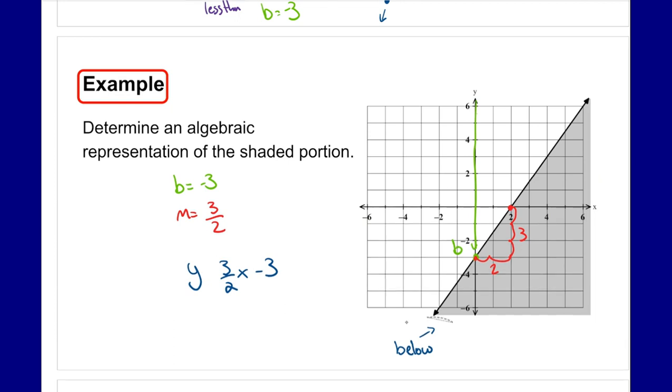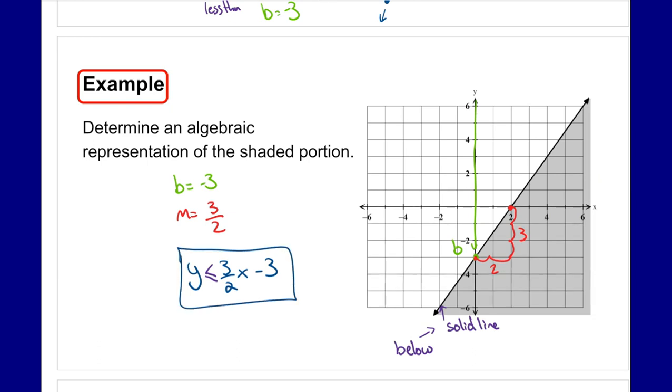Let me use purple to represent all the inequality stuff. So it will be less than, so y is less than 3 over 2x minus 3. And also, the other thing we want to notice is that it's a solid line. So that means it's less than or equal to 3 over 2x minus 3.